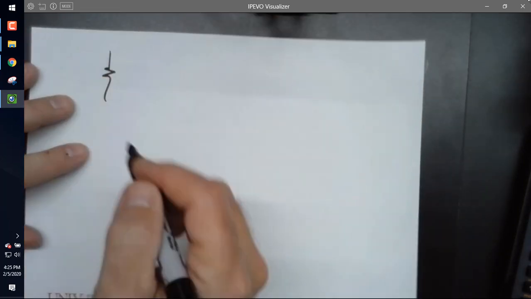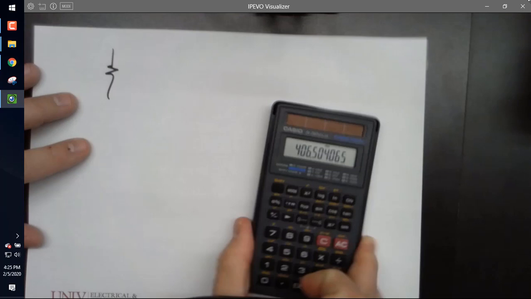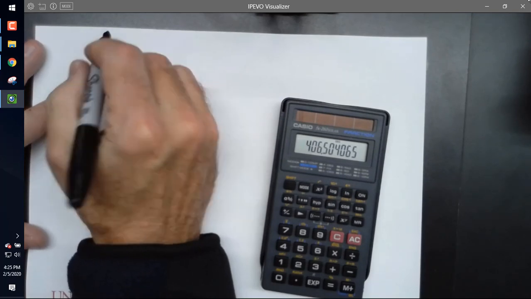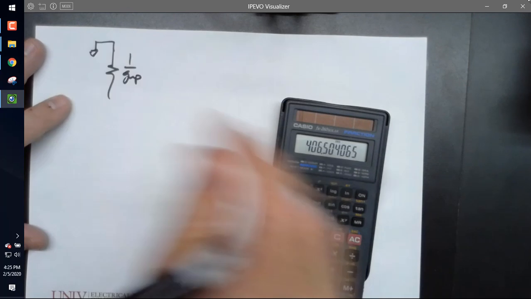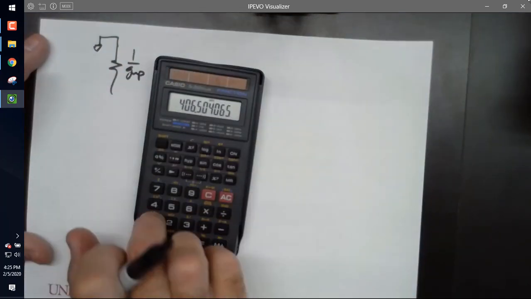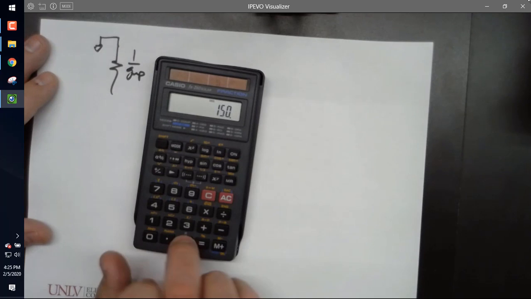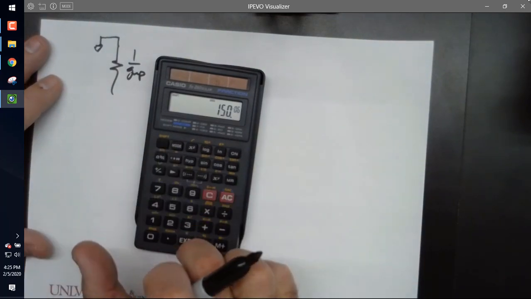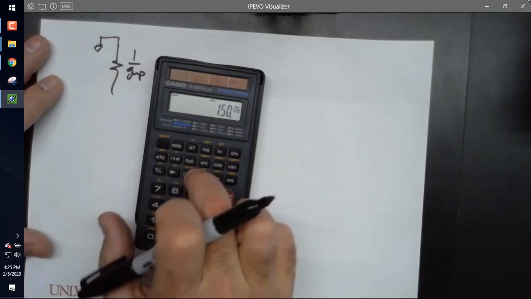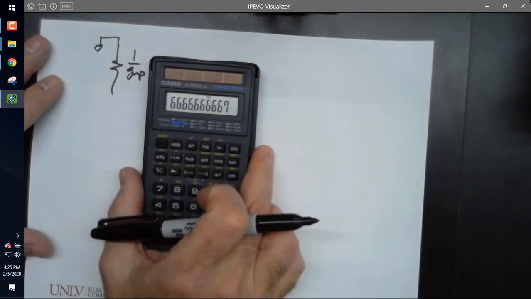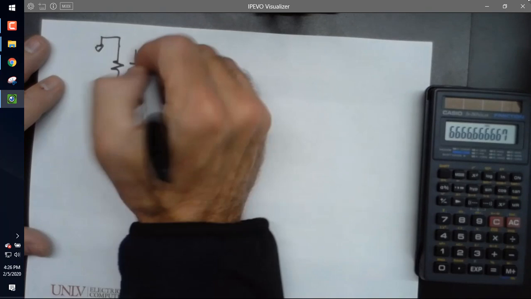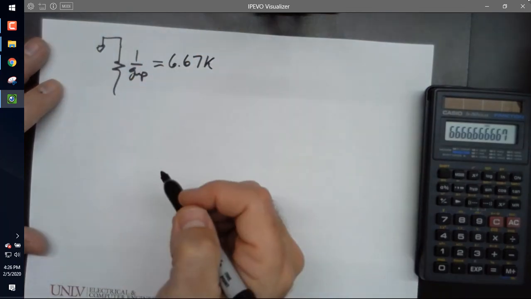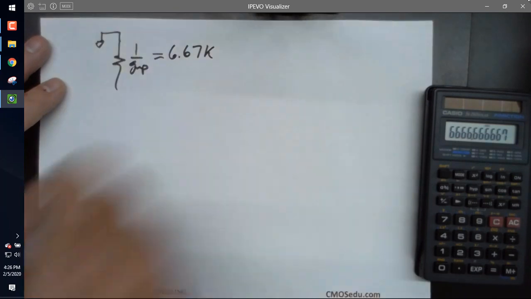A resistor of 1 over GMP is, I already know the answer, but let's do it anyway, 6.5K. E6 change sign shift, 1 over GM is 6.66K. Everybody follow that? It's just 1 over GM.